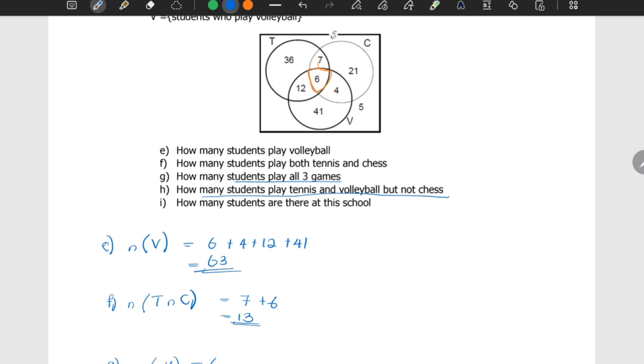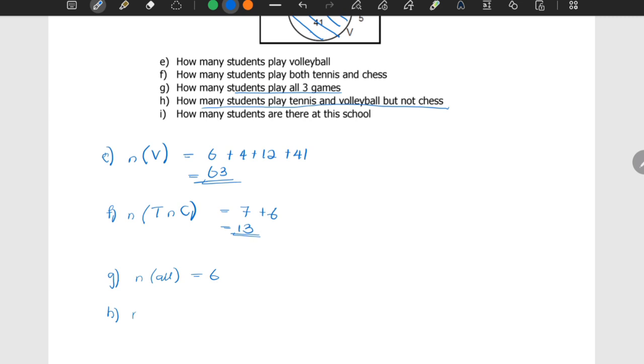So we want tennis and volleyball but not chess. So now we have to highlight tennis and volleyball without highlighting chess. So that's this part. Right, so that's the number who play tennis and volleyball.